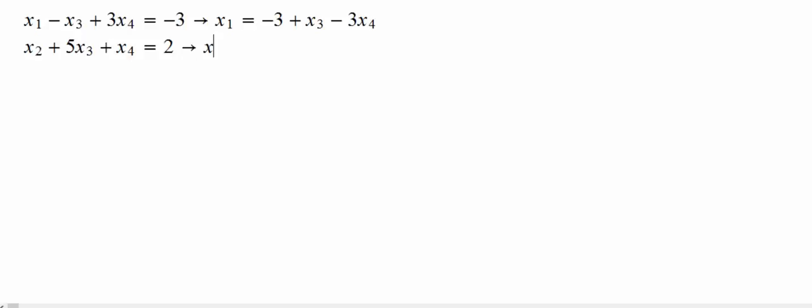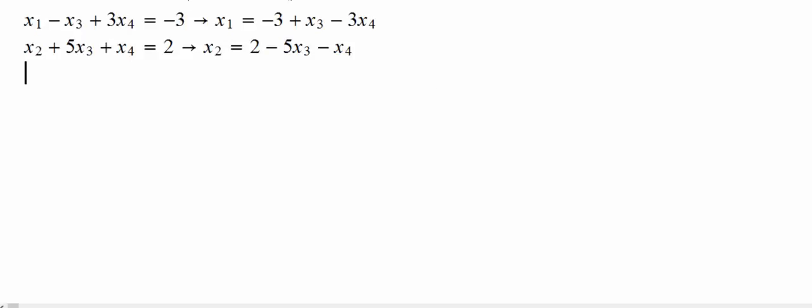Then we shall also write x2 in terms of the free variables. When we solve this equation, we get 2 minus 5 x3 and then minus x4, okay? So this is what we have here.